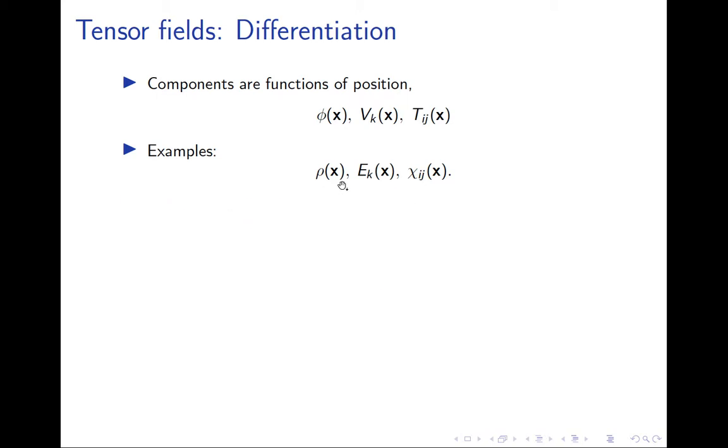Now when we have such objects, we will be curious about how these are changing as I change the location. So we need the notion of a derivative. However, remember that boldface x means it's a triplet, and all these quantities are functions of multiple variables. In particular, they are multi-component objects as well.